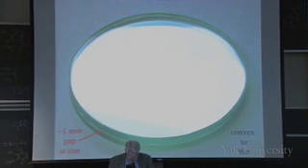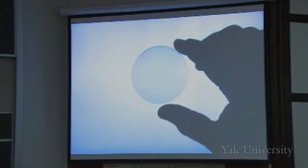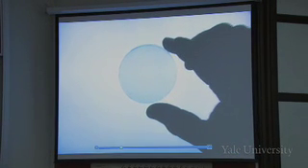Now let me see if I can see something here. Can't see it yet, let me zoom in. We're going to need to focus on that. Okay, now let's watch. See that thing?